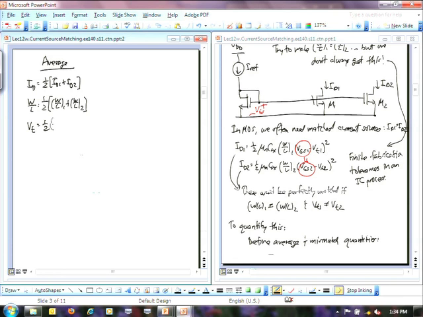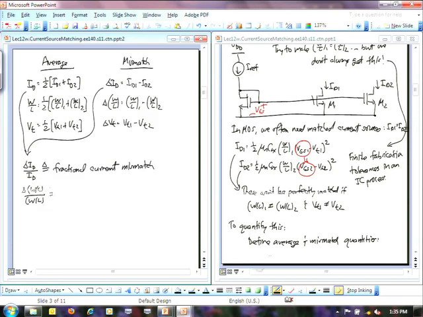And finally, the same kind of thing for VT: VT1 is VT plus delta VT over 2, and VT2 is VT minus delta VT over 2. Everything I've done so far is just definitions, which I'm defining because they will make our subsequent analysis a bit easier to look at and interpret. So what am I going to do? Let's plug these into the current equation.